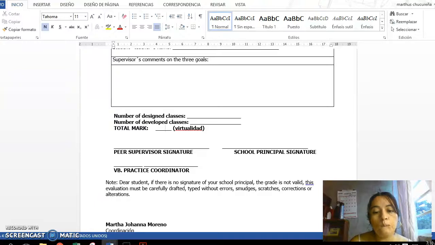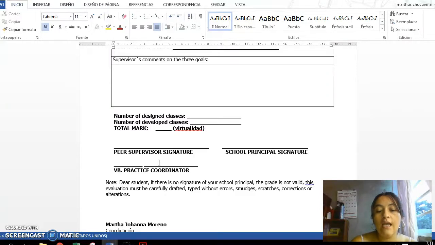Okay, here another important part, the signatures. Here is your advisor teacher. Here is the school principal. Yes, it could be the coordinator or your principal, no problem. And my signature: I will put the signature when I finish checking the process, when I upload the grade to Moodle, and when I tell you, okay, your midterm exam, because this is the midterm exam, grade is the grade I consider and your advisor teacher considers after checking the evaluation format.